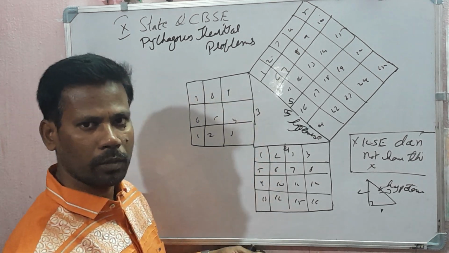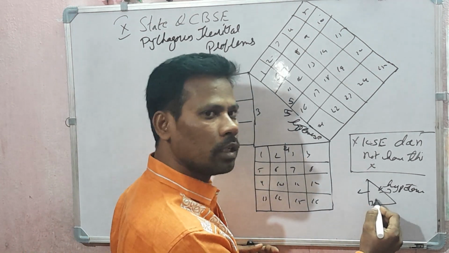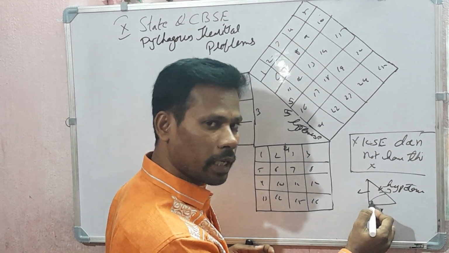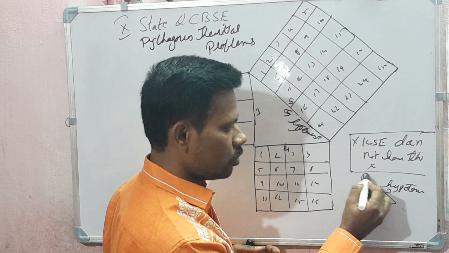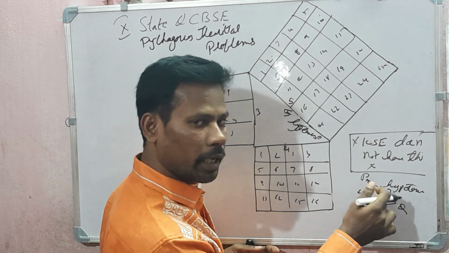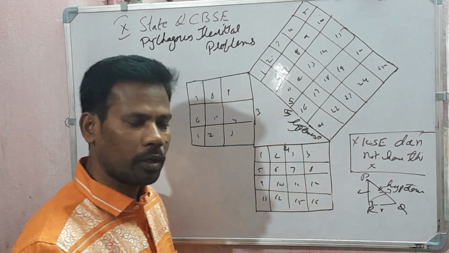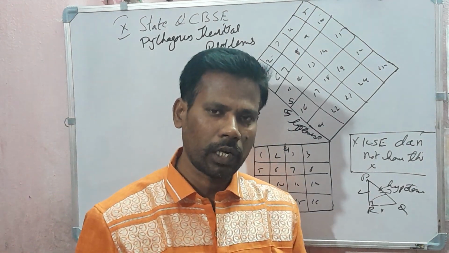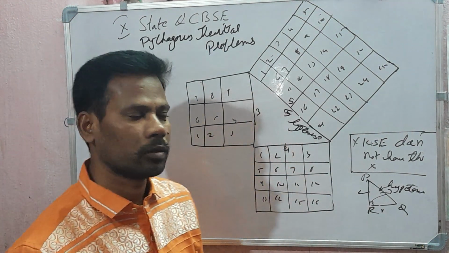Some teachers or lecturers say it is the side opposite to the right angle. Which is the side opposite to the right angle? This side, in triangle PQR. The side opposite to the right angle is the hypotenuse, the longest side in a right angle triangle.